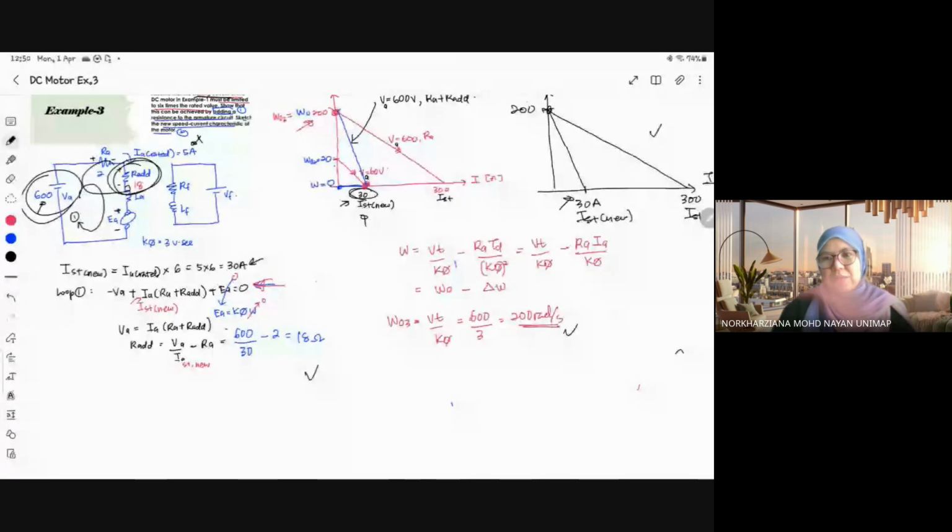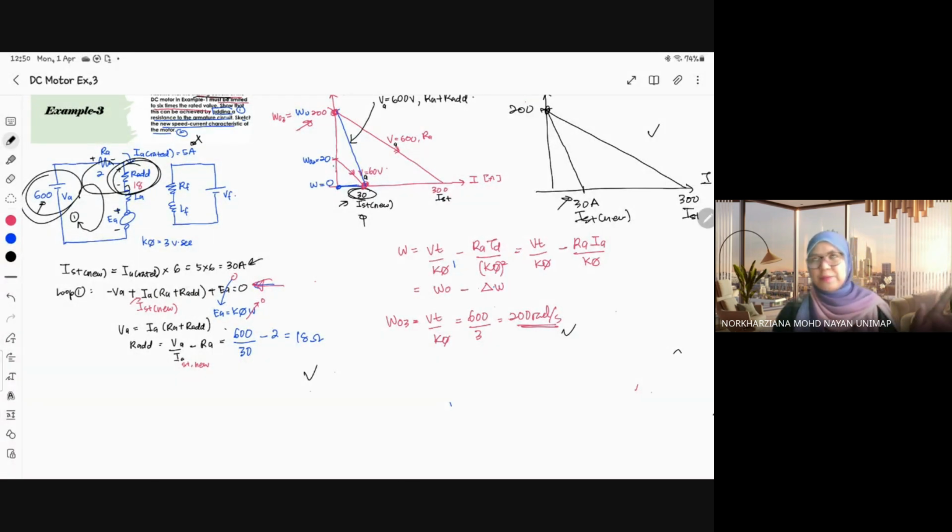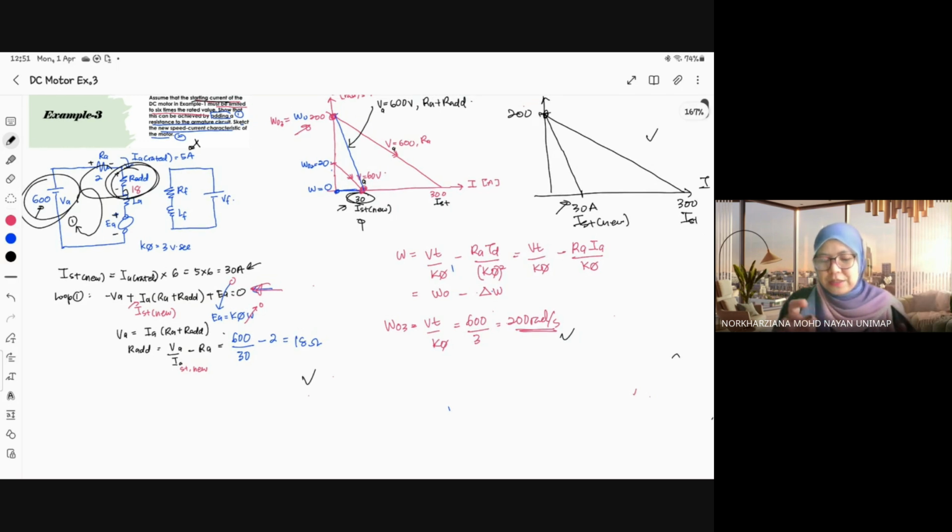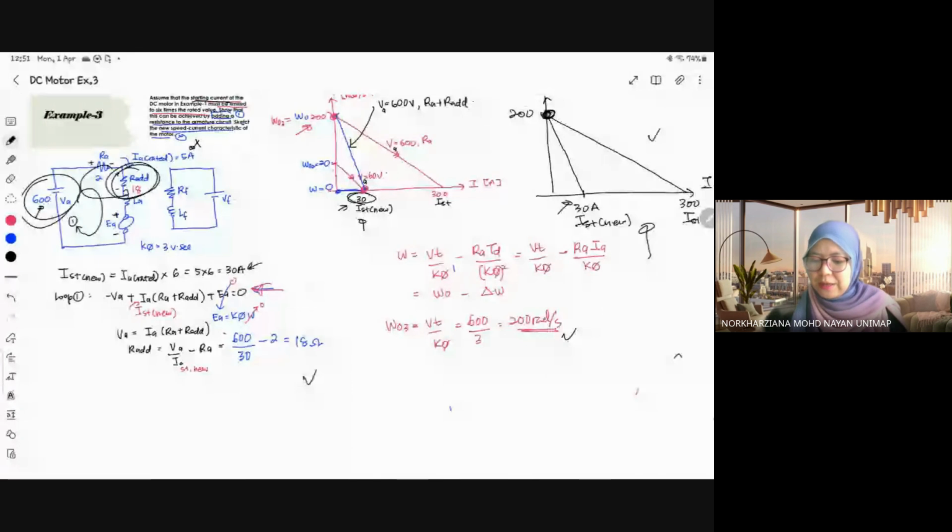Okay. Regardless lah motor apa pun. Okay. So sekarang ni you add additional resistance but you make no changes on the terminal voltage. Okay. In terms of graph, okay, you expected that you will have the same V but with a different starting current.